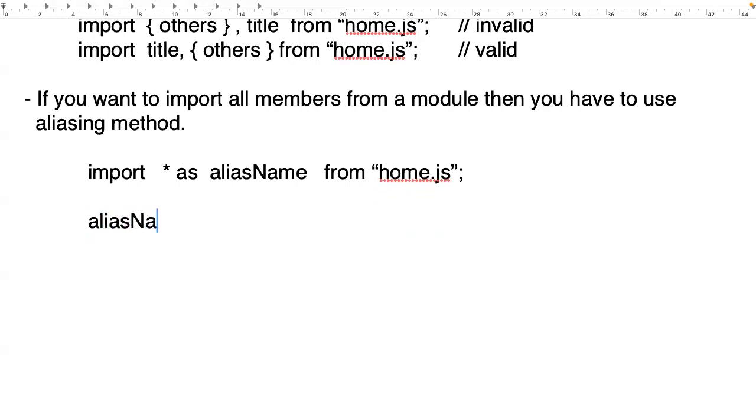Through the alias name, you can access a variable, a function, or a class.